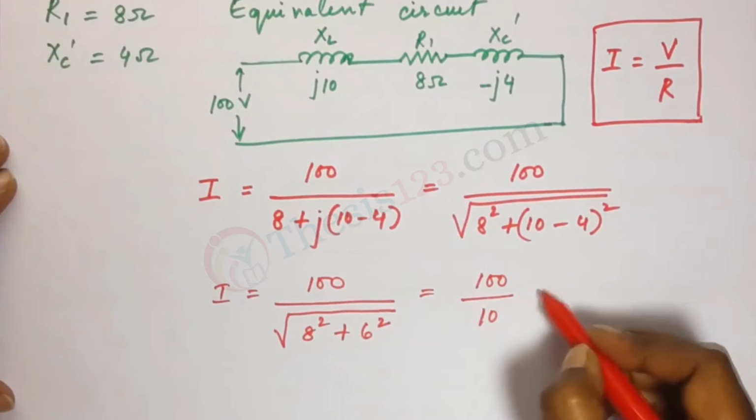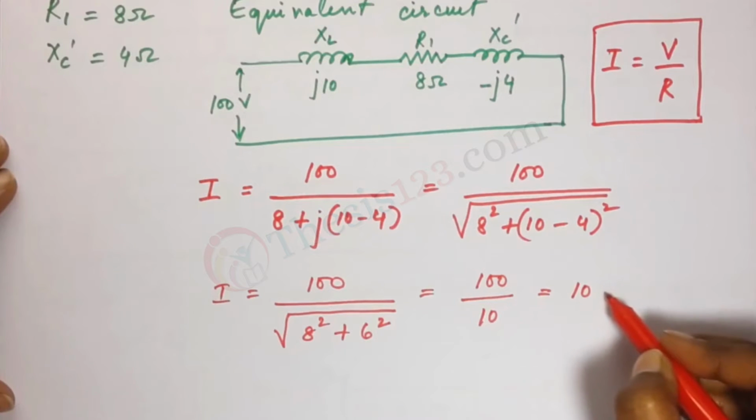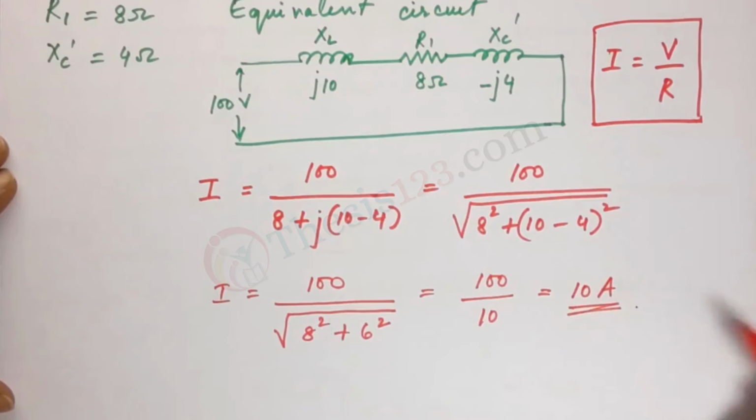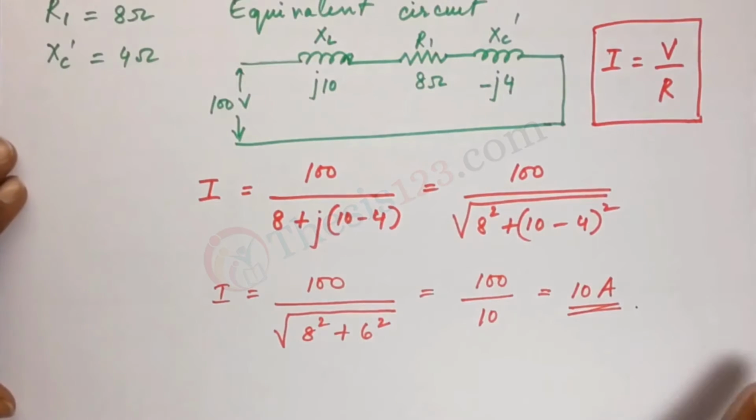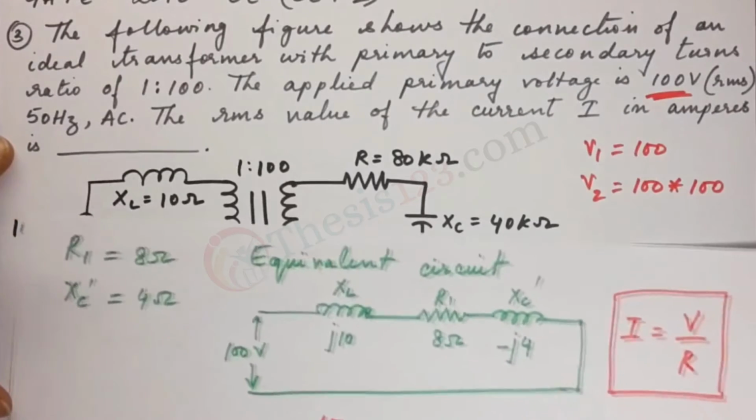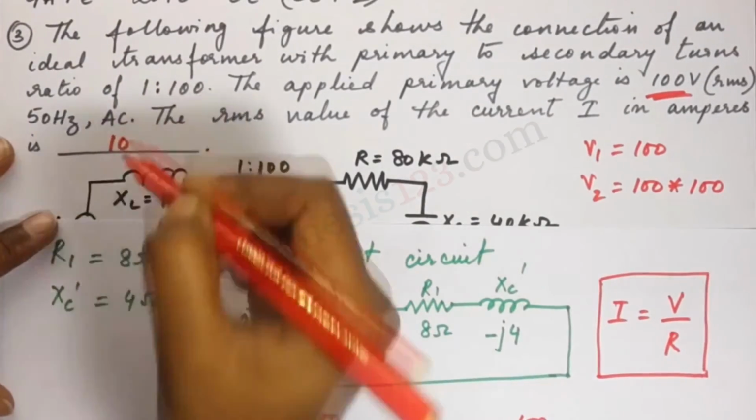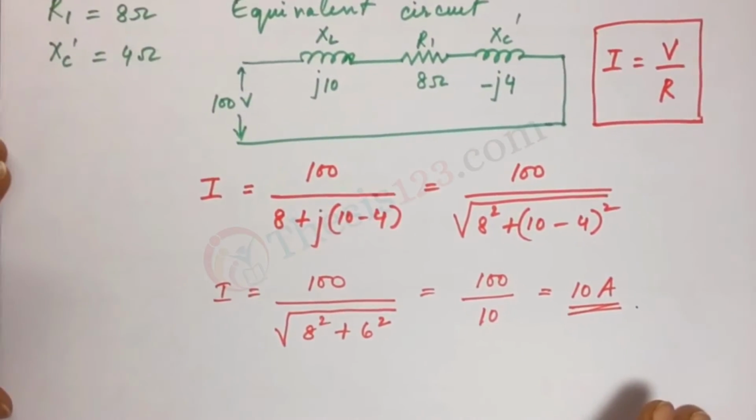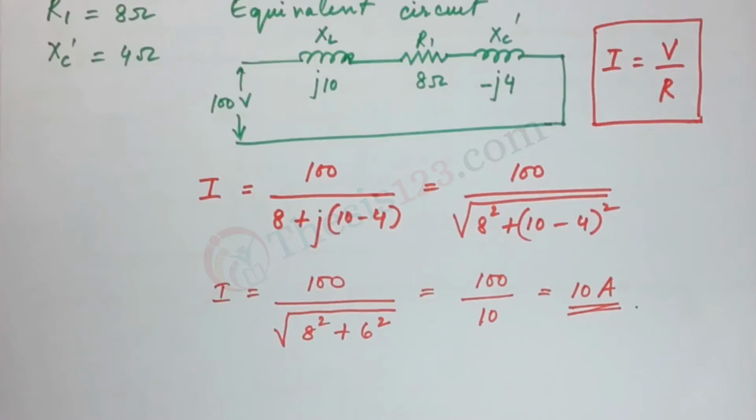That's 100 by 10, and that gives us 10. So 10 amps is the RMS value of the current. So that's our final answer here. I hope this has helped.